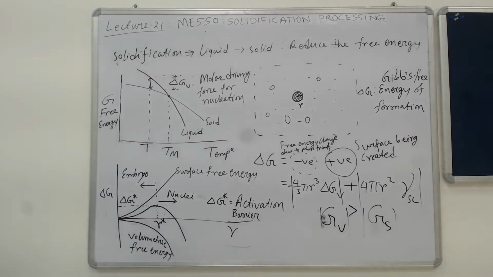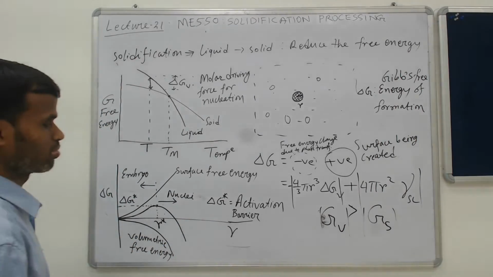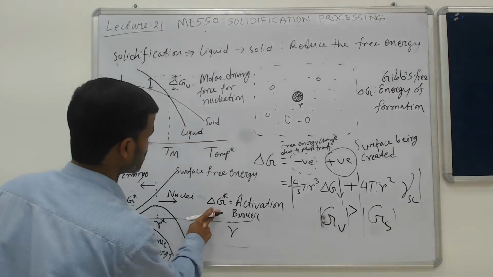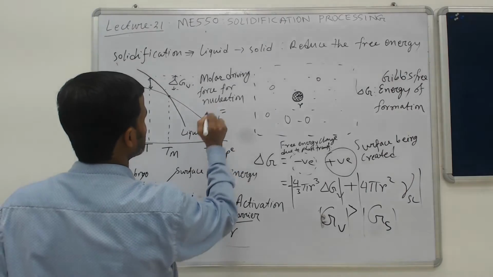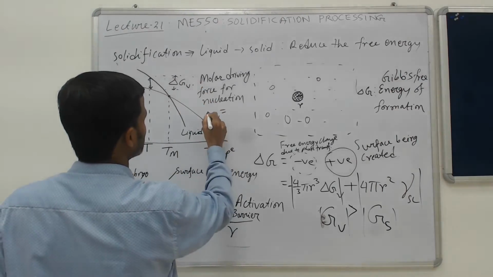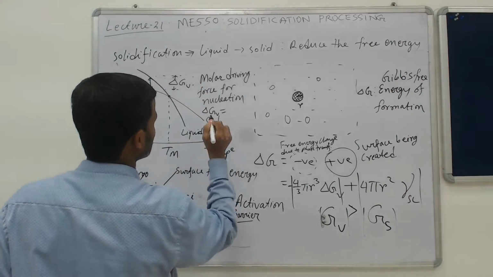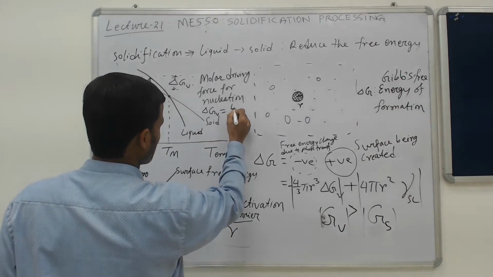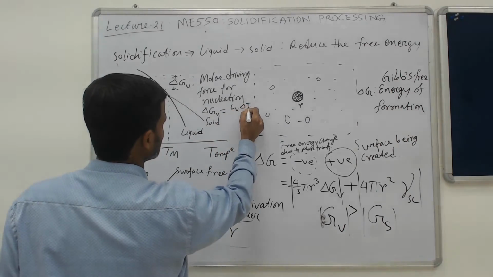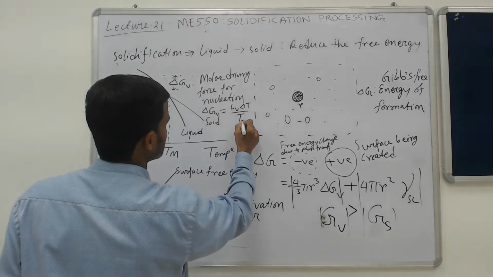And driving force we have discussed. This driving force can be represented by delta G V as LV delta T by Tm.